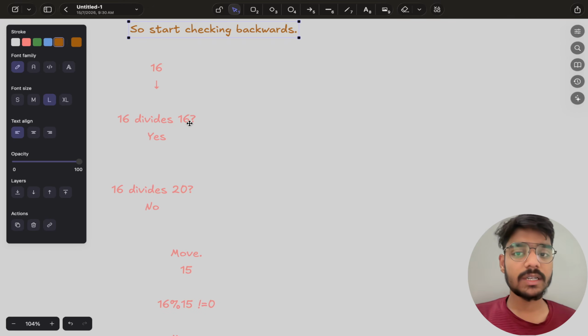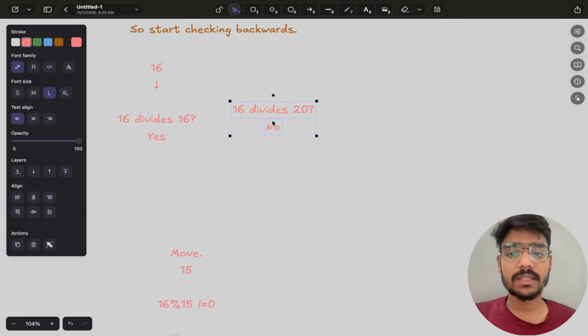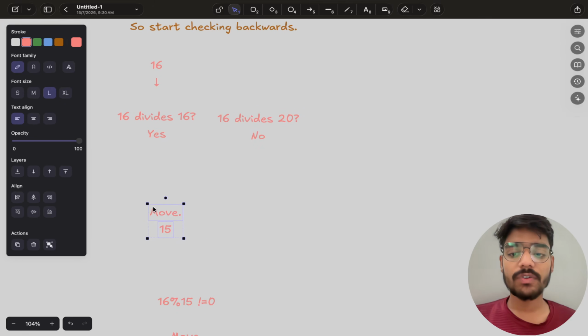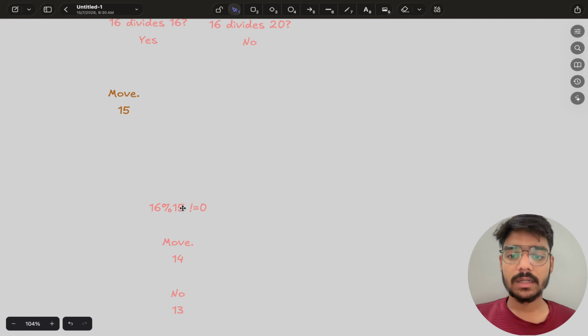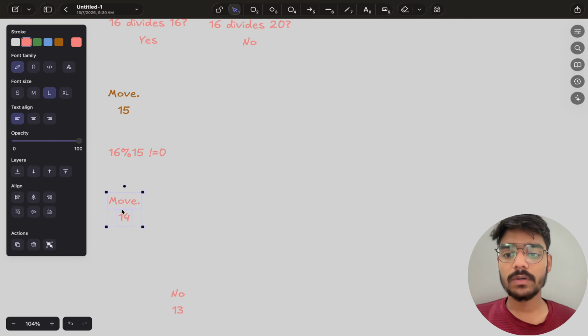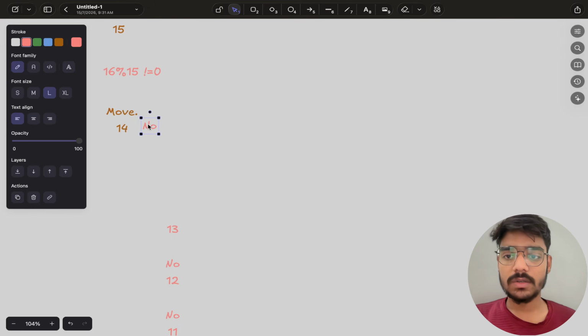Is 16 dividing 16 and 20? 16 divides 16, yes, but not 20, so 16 is not the answer. Now moving to 15: 16 mod 15 is not equal to 0. Now 14 is also not dividing.